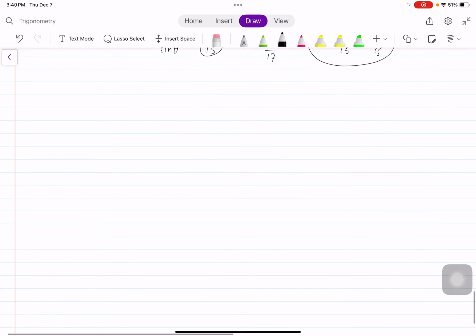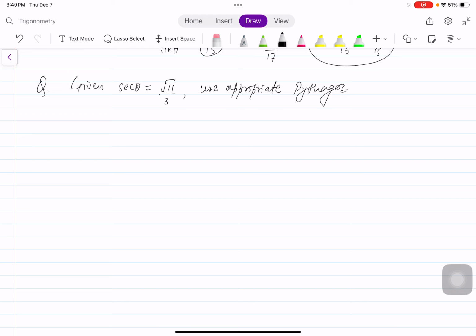Another problem. Given secant theta equals square root 11 over 3, use appropriate Pythagorean identity to find tan theta.